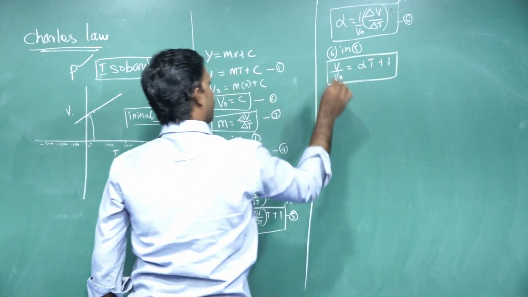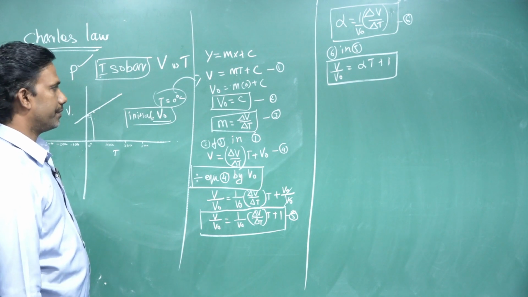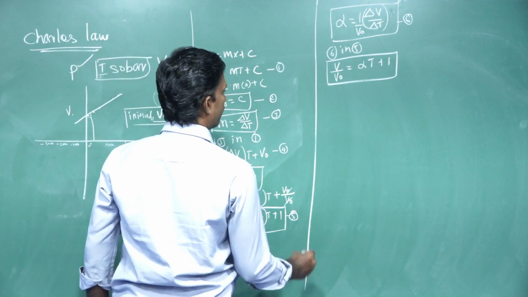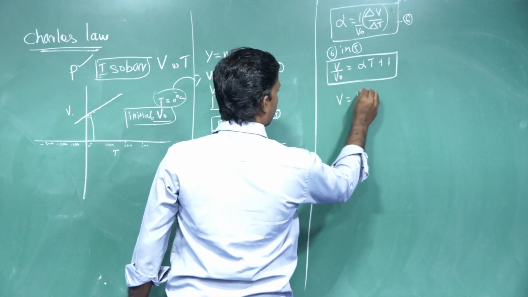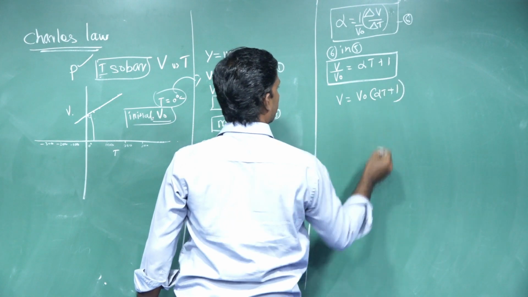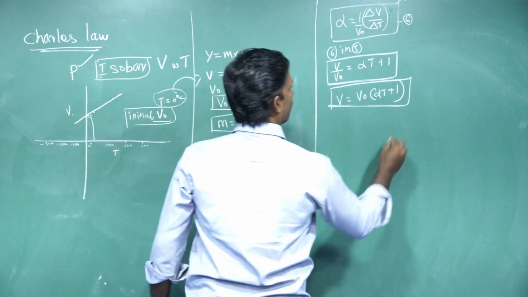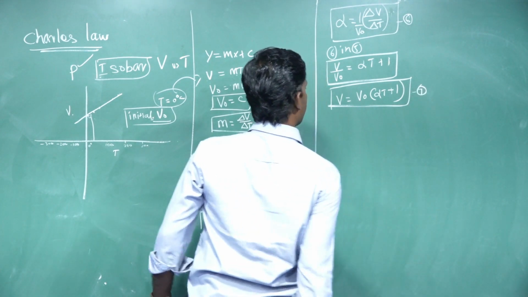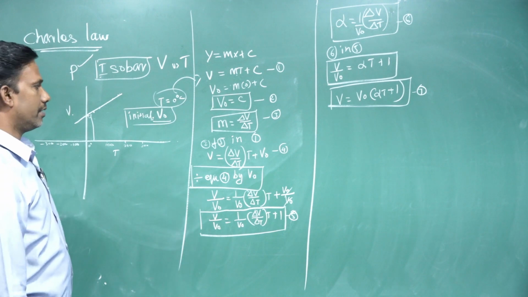Further expanding, V equals V naught into alpha T plus 1. That is the final form, equation number 7. This is the mathematical derivation for Charles law.